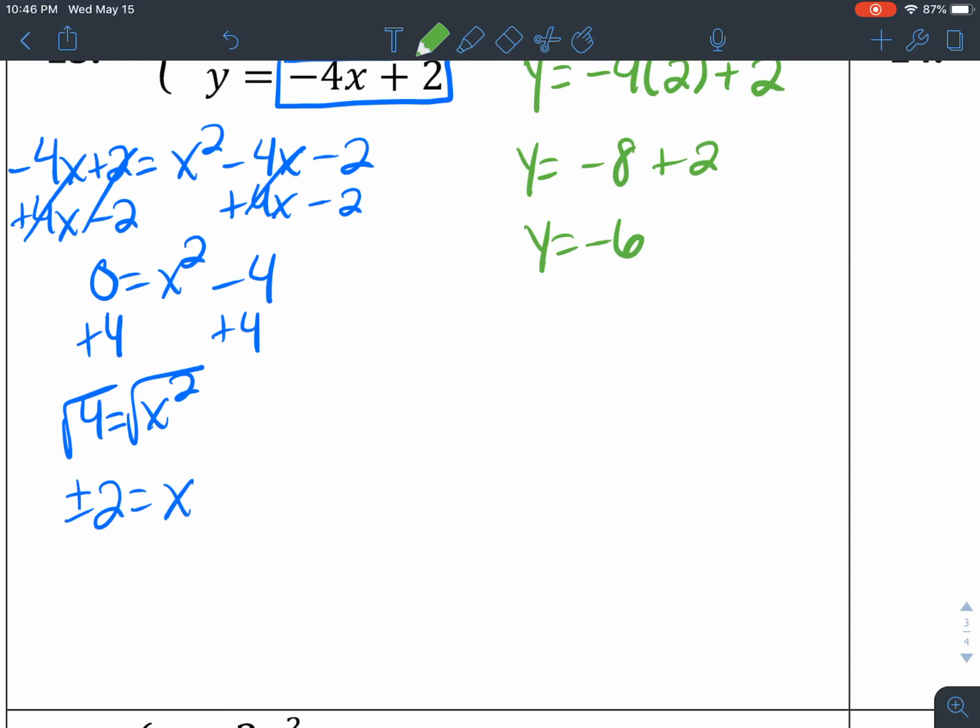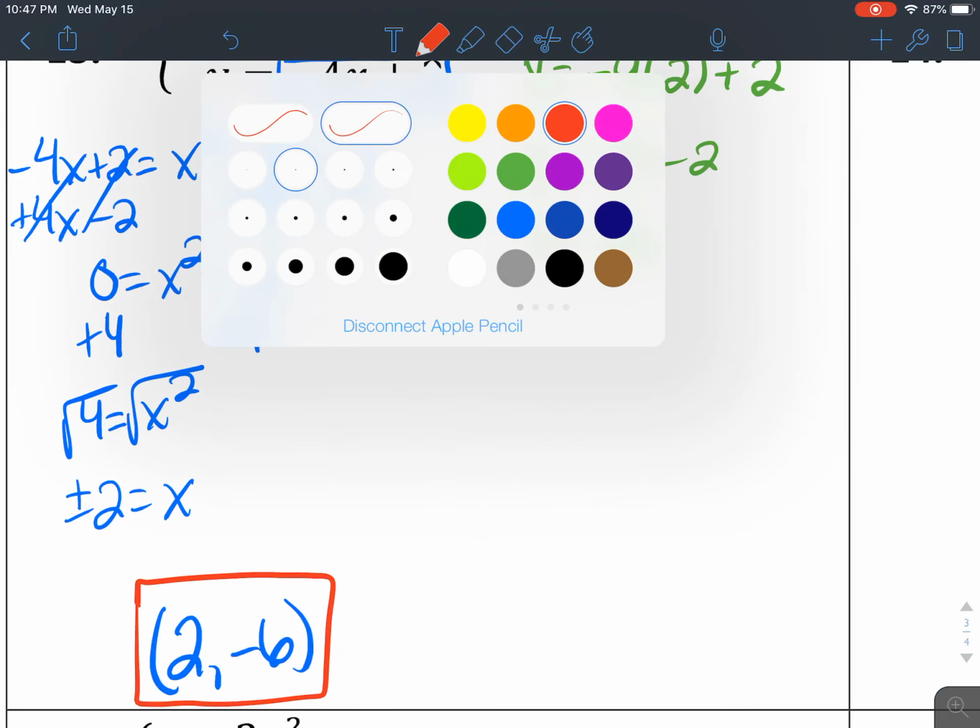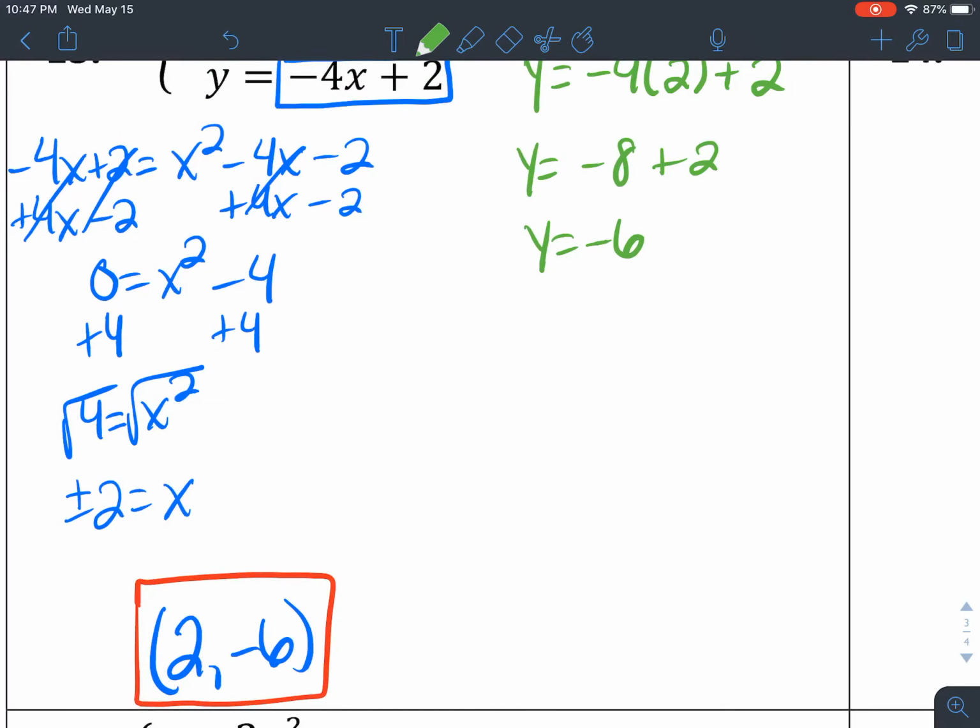So one of my 2 solutions I'm going to put down here at the bottom. When I plugged in positive 2, I got negative 6. And that's solution number 1. Actually, no, let's go purple.